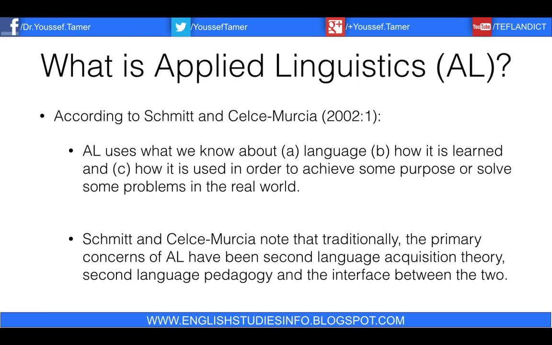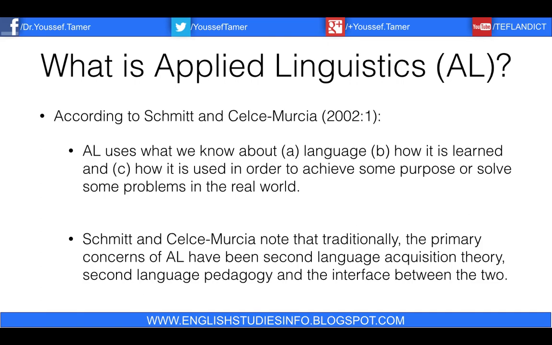These two people also note that traditionally the primary concerns of applied linguistics have been second language acquisition theory, second language pedagogy, and the interface between the two.